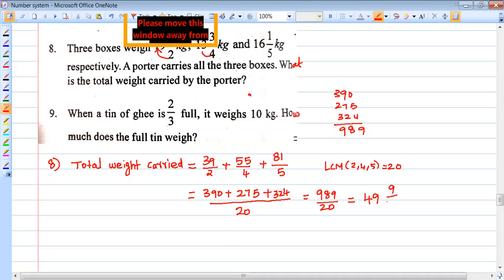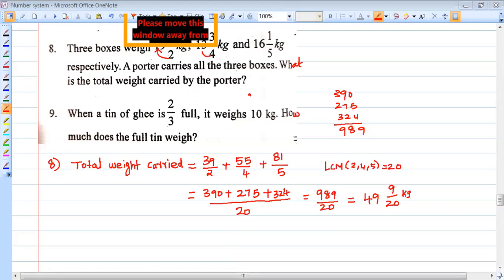So 49 9/20 kg is the right answer. Good. One person said the right answer.